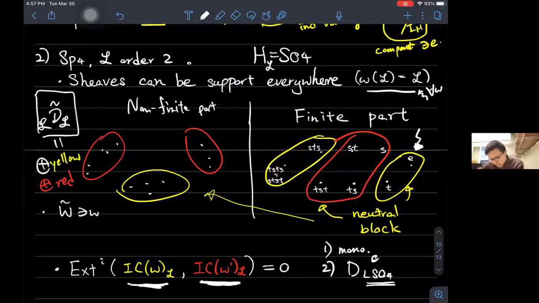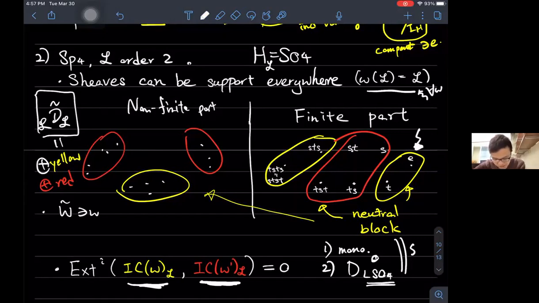It has two pieces, and the sheaves supported on the neutral component is still a monoidal category, and they're the same. I mean, isomorphic. And this is my main statement, as a special case where G is SP4 and L is order 2.